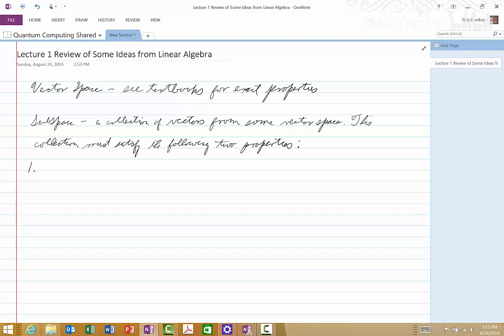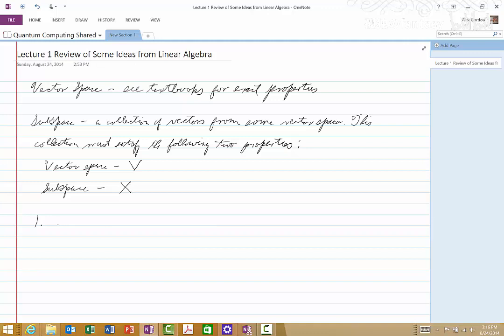Okay, let me give some names. Let's say that our vector space we'll call V, and our subspace we'll call X. Okay? And now our conditions on X are as follows.